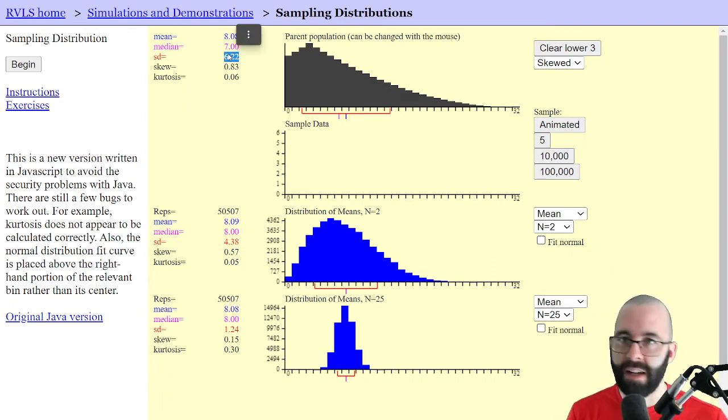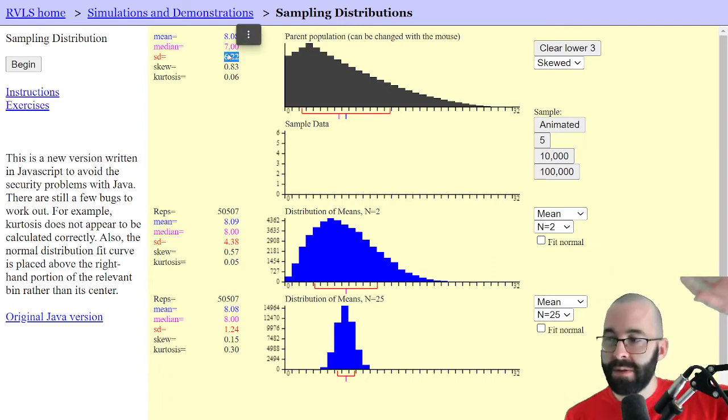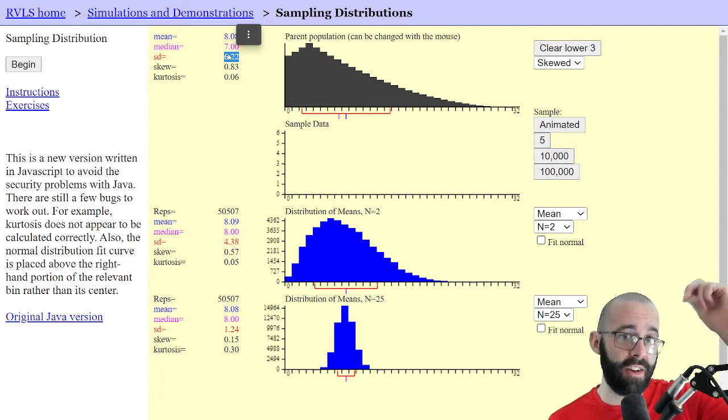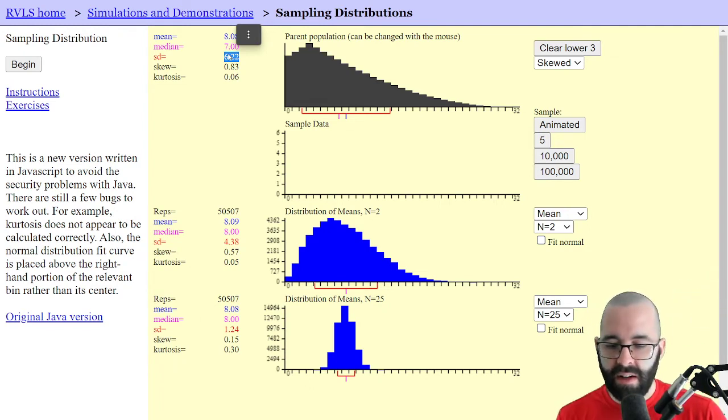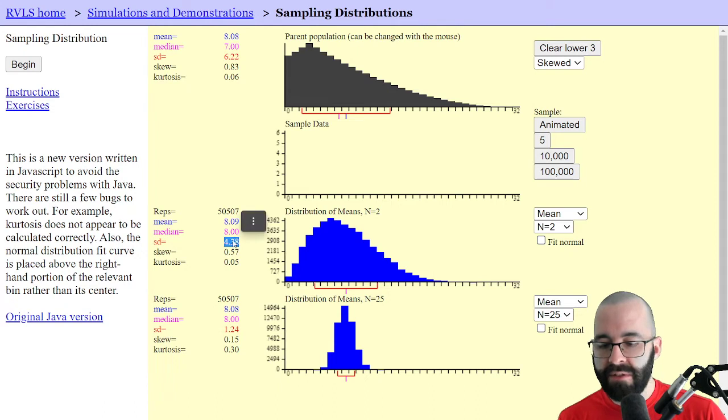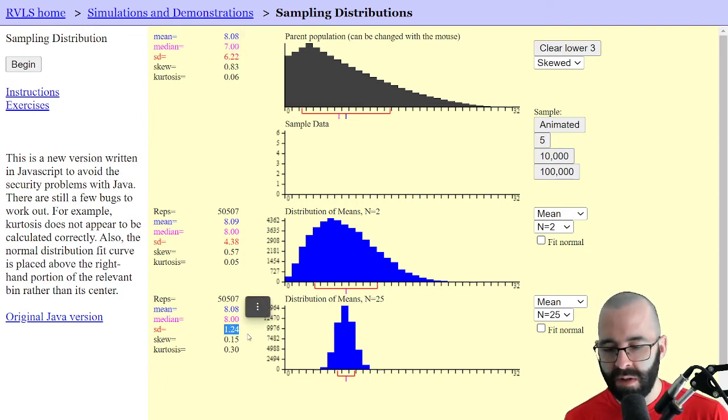Standard deviation. In our last example, the first example, with the students' favorite numbers, the standard deviation was about 1/5 down here. Well, here it's 6.2 and here it's 4.3. That's not 1/5. Here it's 6.2 and 1.2.